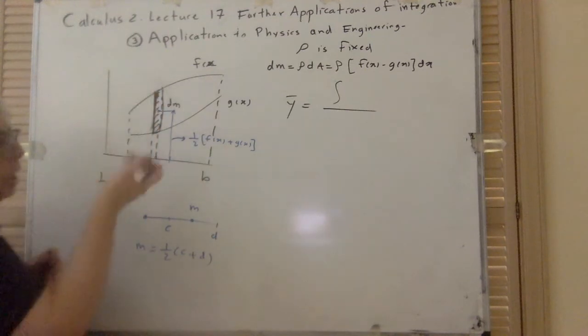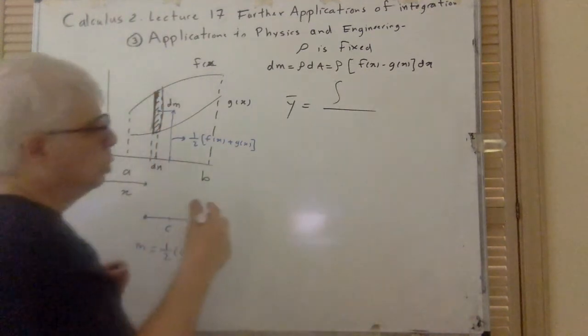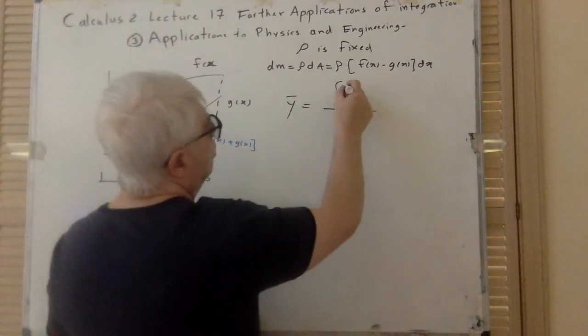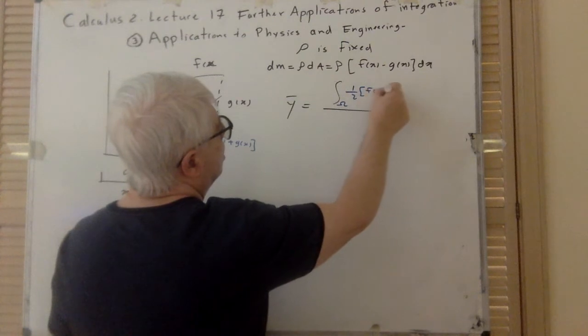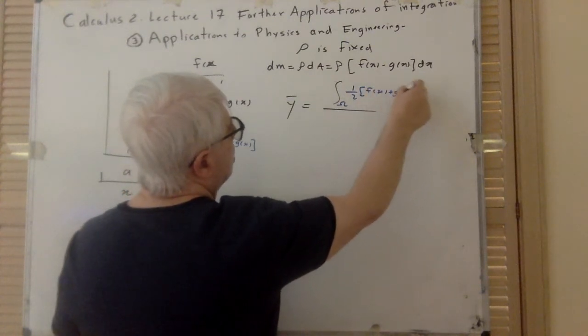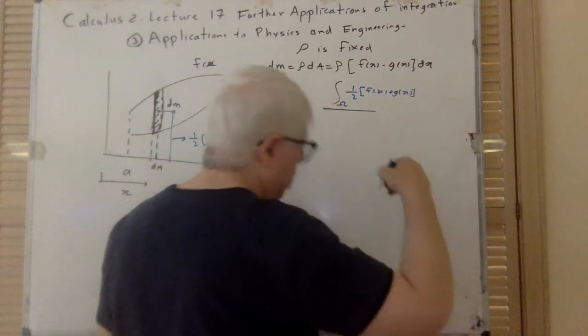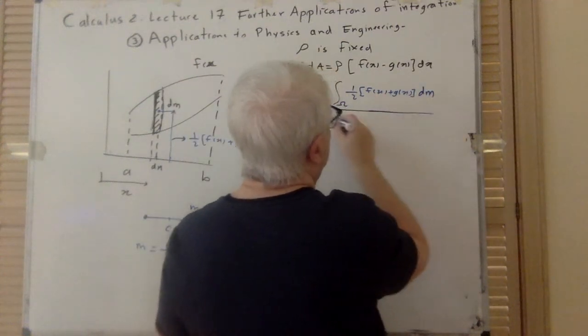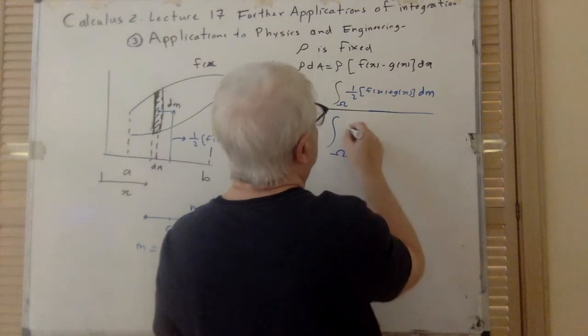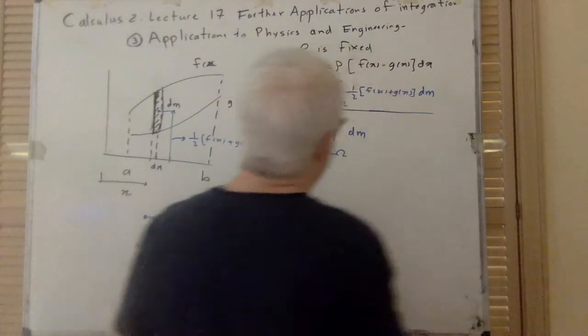This times dm will give me the total moment. So 1/2 over omega, 1/2 of f(x) plus g(x) times dm, over just dm.